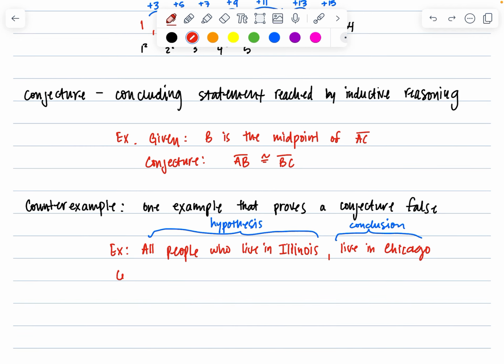So, a counterexample would be people that live in Schaumburg. That is a counterexample because the hypothesis is still true. Schaumburg is still in Illinois, so the hypothesis is still true. These are people that live in Illinois, but not in Chicago.